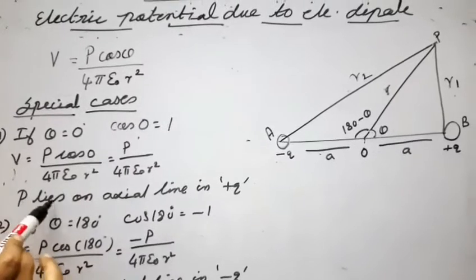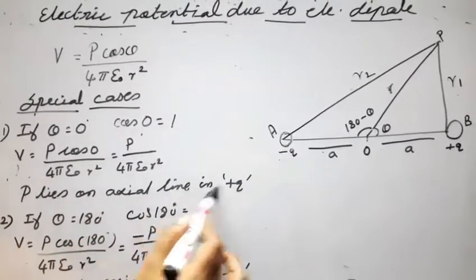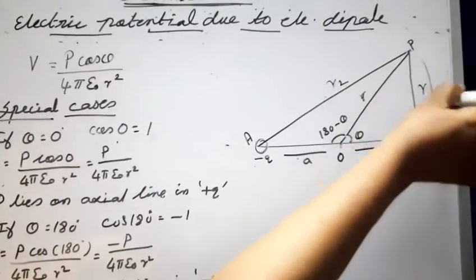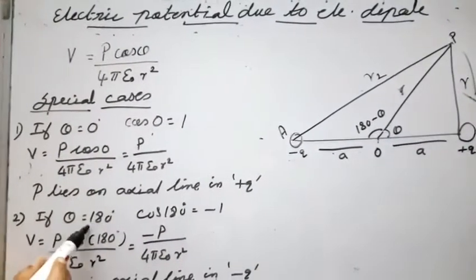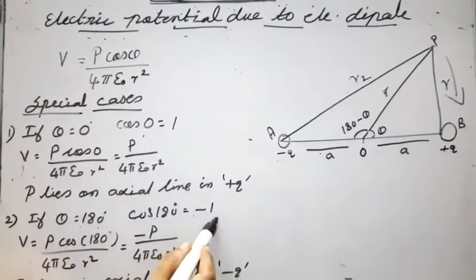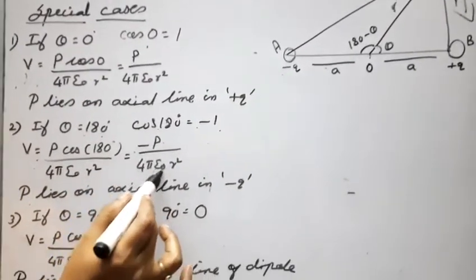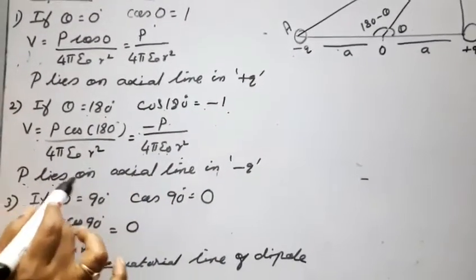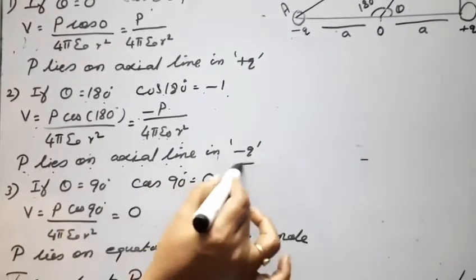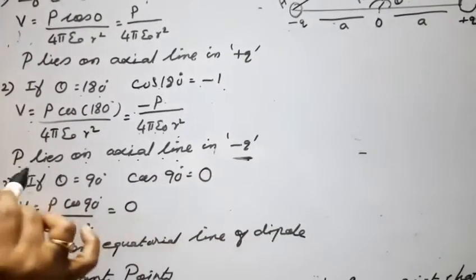So this P lies on the axial line on the plus Q charge side. Suppose if theta value is 180, cos 180 equal to minus 1, therefore V equal to minus p by 4 pi epsilon naught r square. The P lies on the axial line on the minus Q charge side.